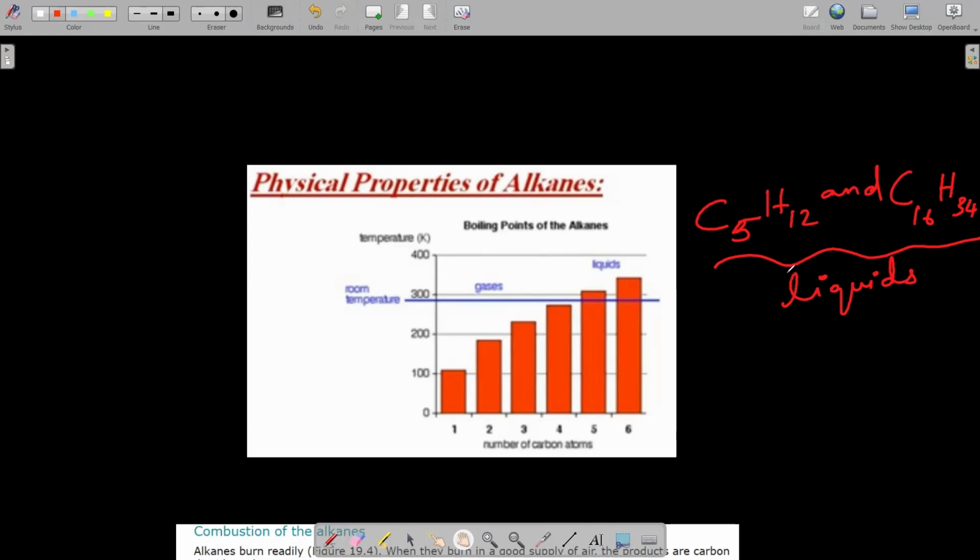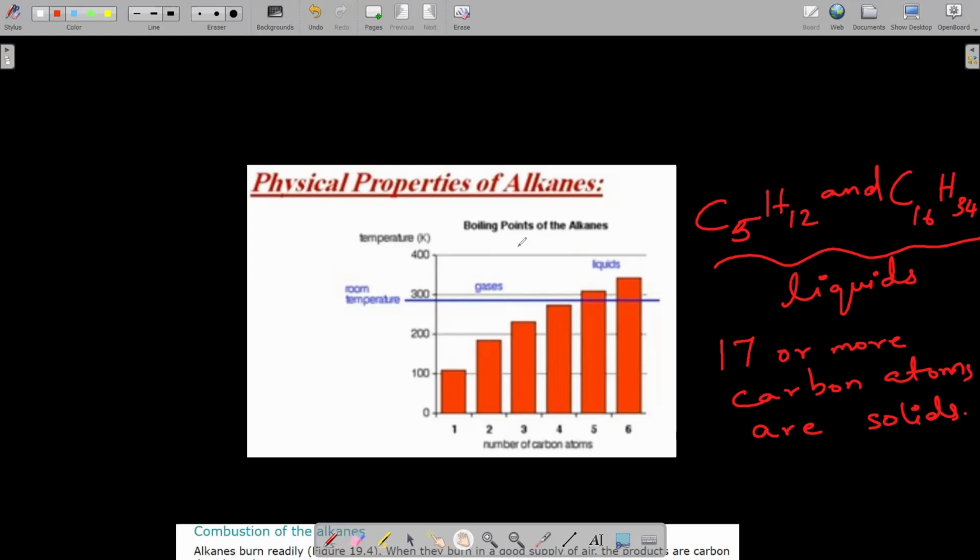The compounds in the alkane family with 17 or more carbon atoms are solids. So there is a trend in physical properties with increasing molecular size.